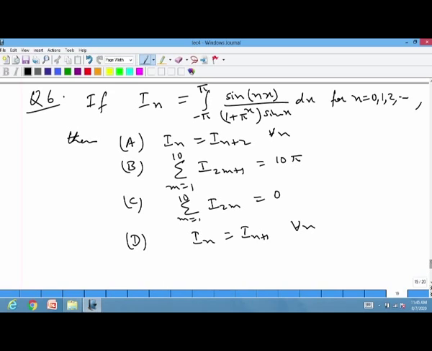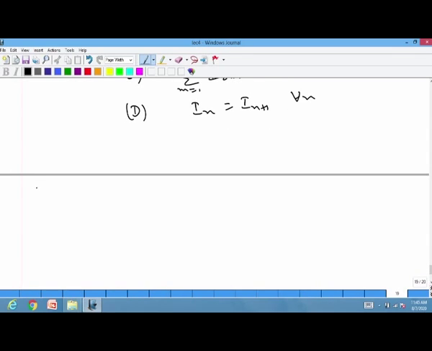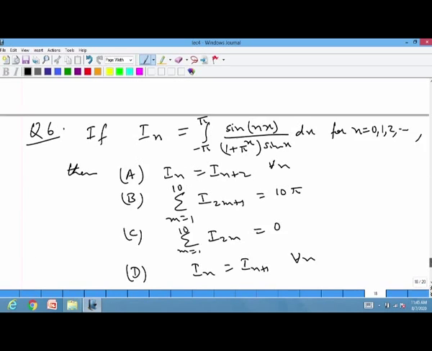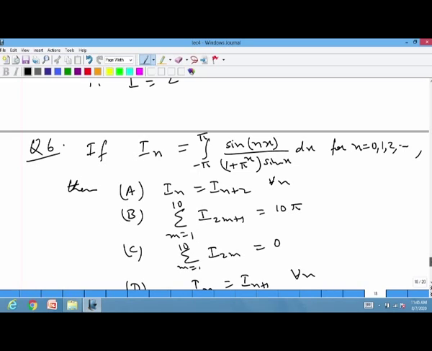So, we are given this integral I n. This is the integral from minus pi to pi of this thing.